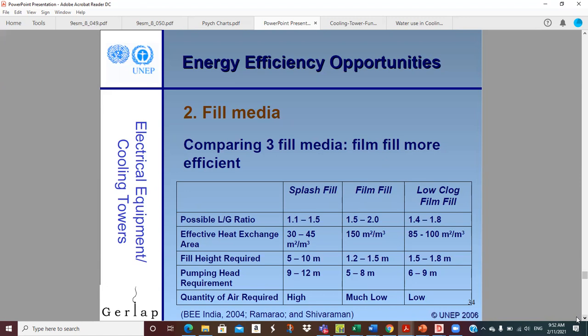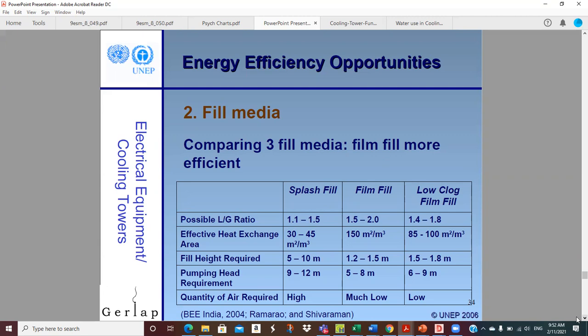The height of fill required, 5 to 10 meters, that's pretty tall. Pump head required, 9 to 12 meters, because you've got to pump the water up to the top of the tower. If the tower is taller, then you're going to have more pump head. And the quantity of air required is qualitatively high compared to the other 2 types.